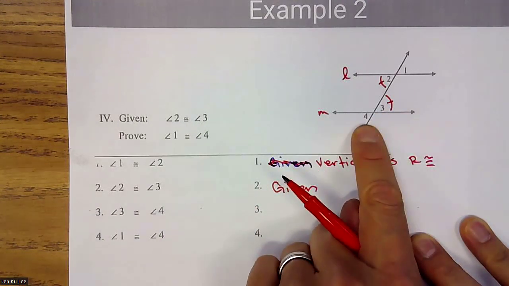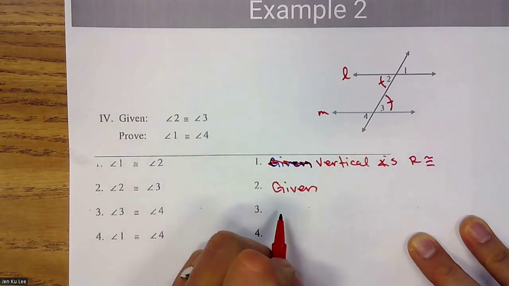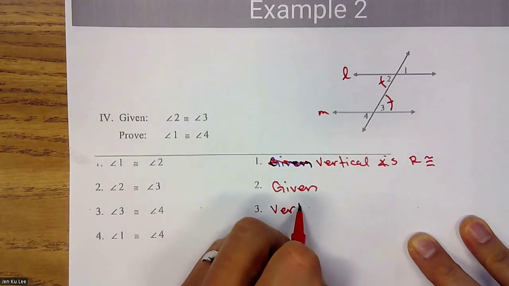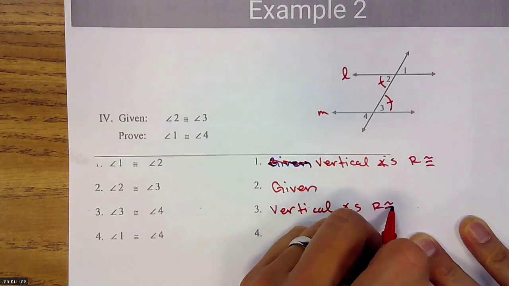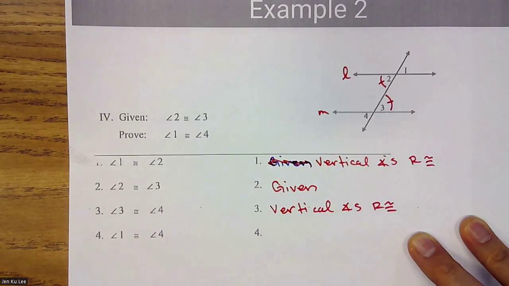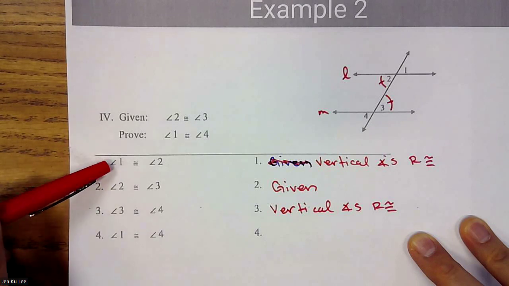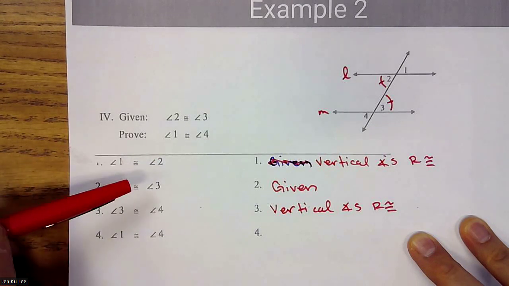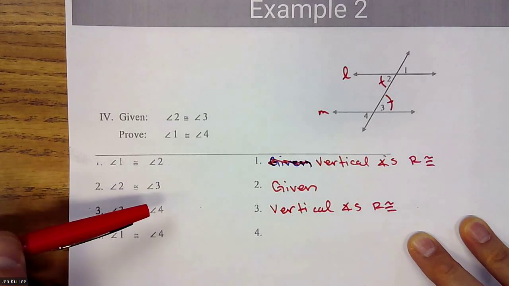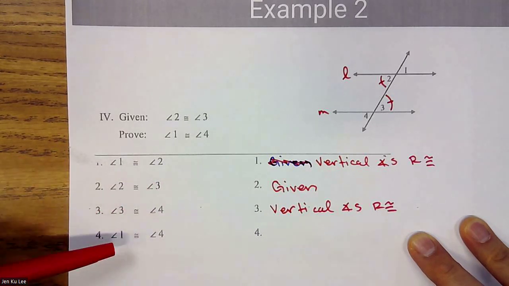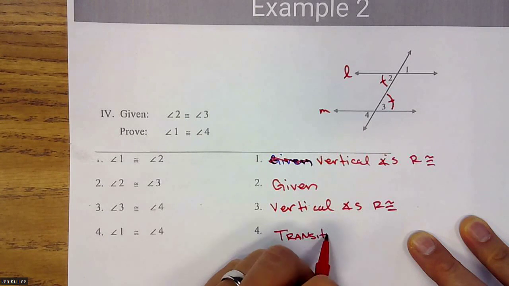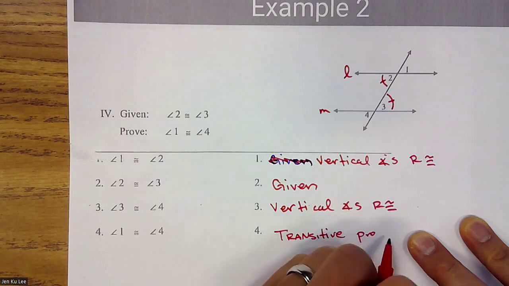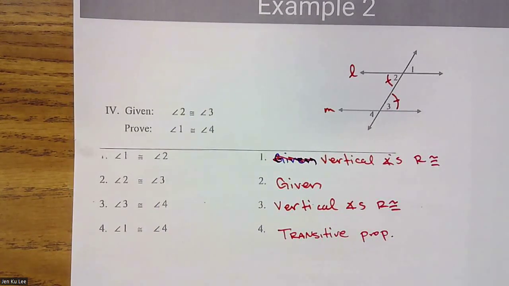Angle 3 is congruent to angle 4 because, again, the same thing, vertical angles are congruent. Now, if angle 1 is congruent to angle 2, angle 2 is congruent to angle 3, angle 3 is congruent to angle 4, I can say angle 1 is congruent to angle 4 because of the transitive property.